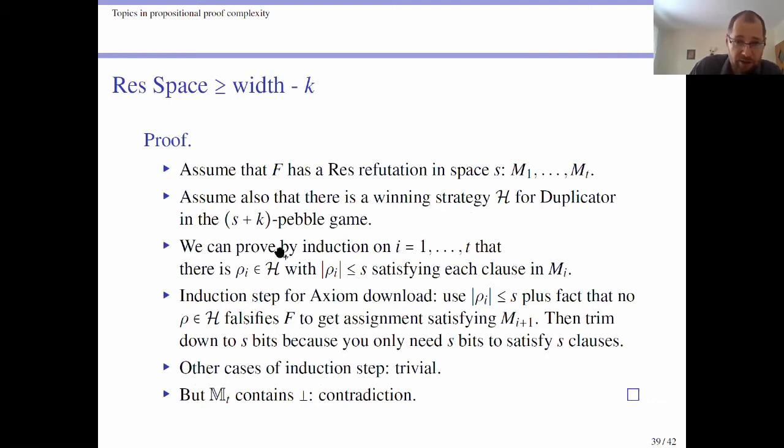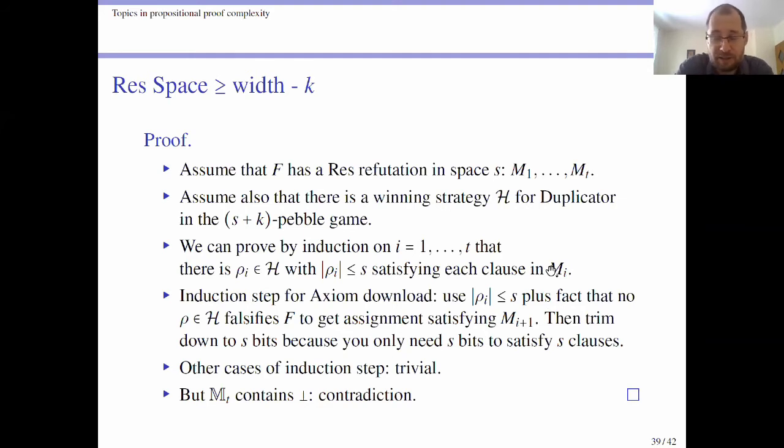Namely, we take the duplicator strategy given as a family of assignments, and we prove by induction on the configurations in this space S refutation that for each configuration Mi, there is a duplicator's assignment which has at most S variables in the domain, and that satisfies Mi, meaning it satisfies every clause.